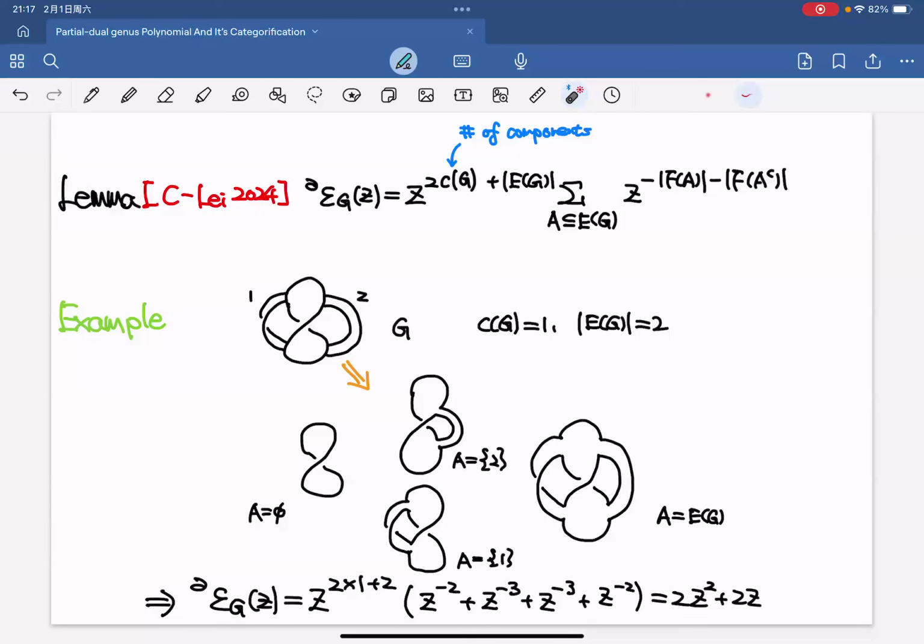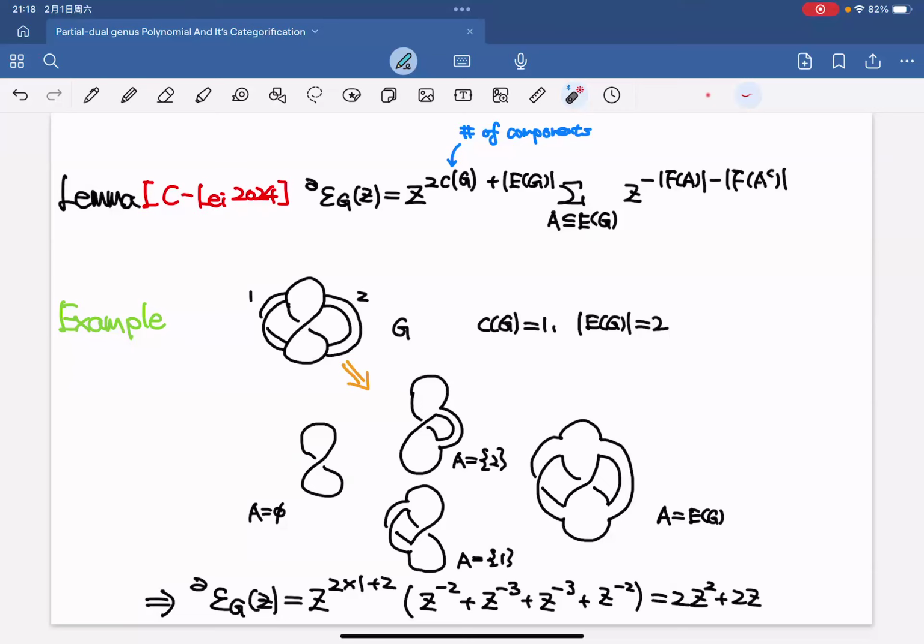Of course, for a fixed ribbon graph, this part is just a constant, and so we just want to know how to calculate this part and this part. f(A) means just the number of boundaries of the ribbon graph A. A means the ribbon graph which consists of all the vertices of the original ribbon graph and just the edges in the subset A. And similarly, you can define the complement of A.